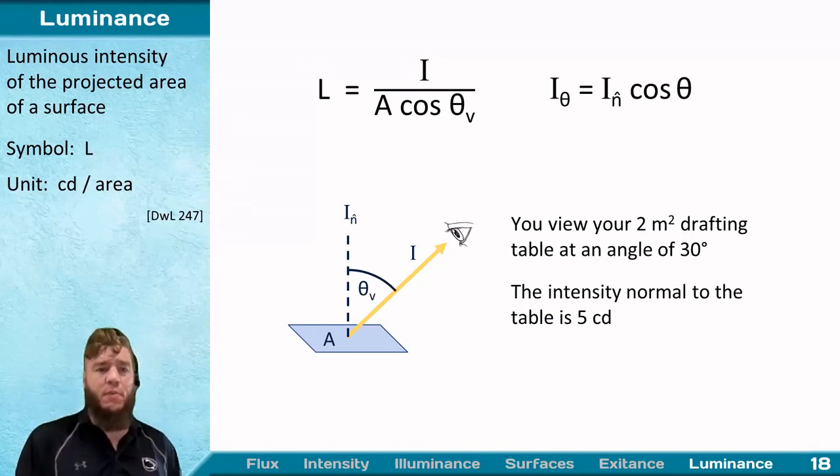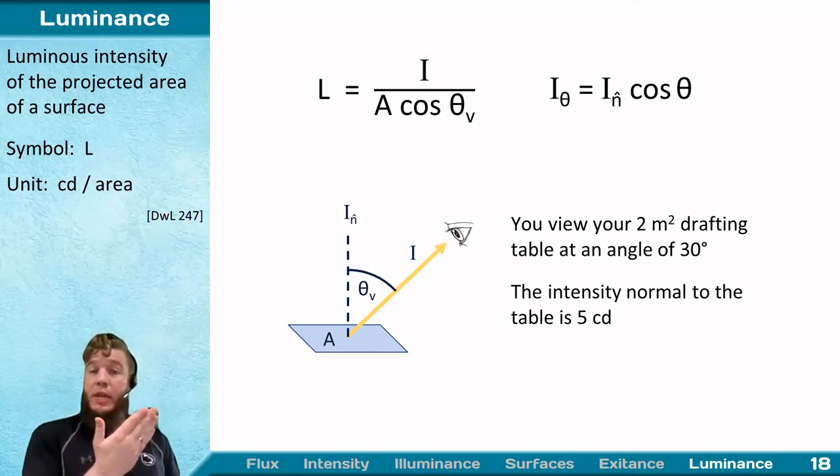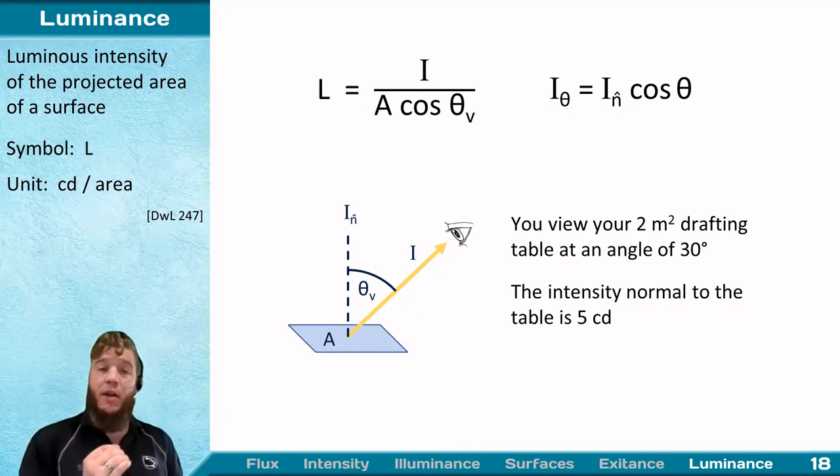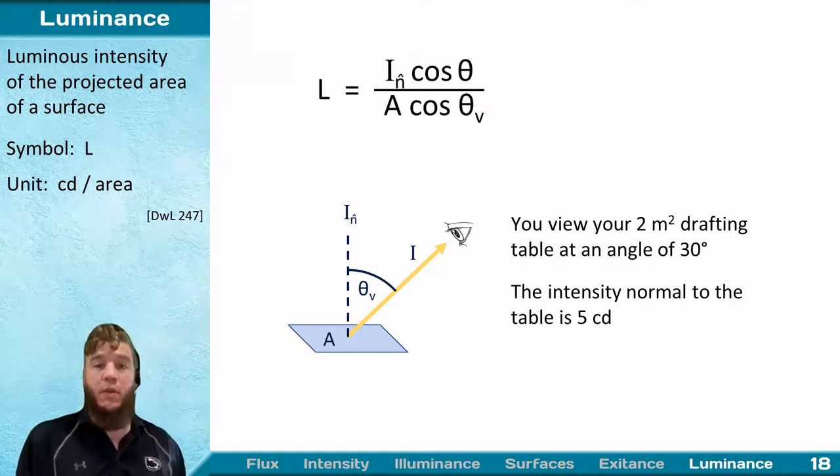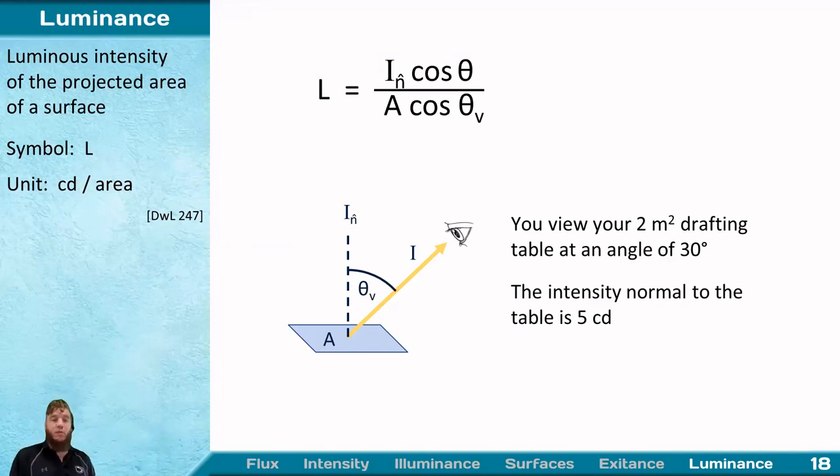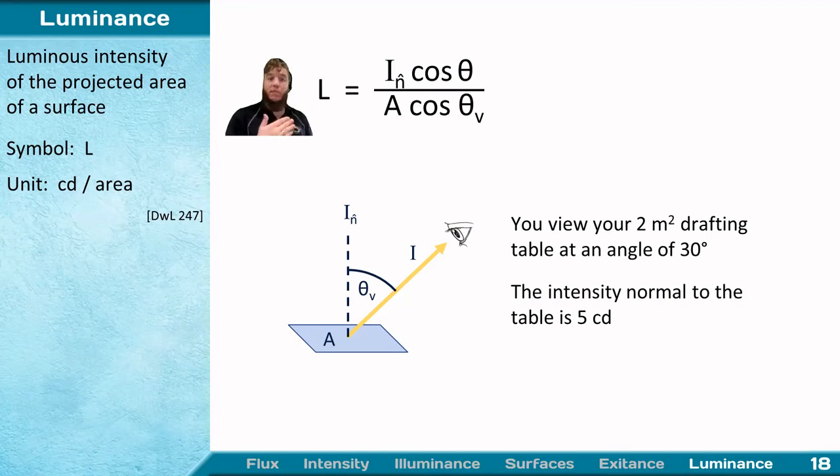So let's take a look at how this breaks down a bit. The first thing we can do is actually combine the equations, right? Because the I in our L equals I over A P equation is equal to the I evaluated in that cosine law equation. So if we combine them, we get this here, which is our luminance is equal to I sub n, which is the intensity along the normal vector, times cos theta, over the area of the surface, again times cos theta.